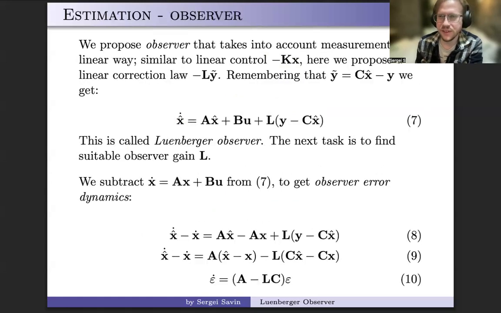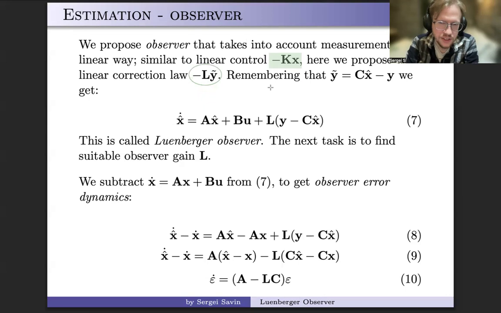Now, we could incorporate our measurement information in the same way we incorporate control. If linear control was minus Kx, why not make the correction law for the observer to be minus L y tilde?